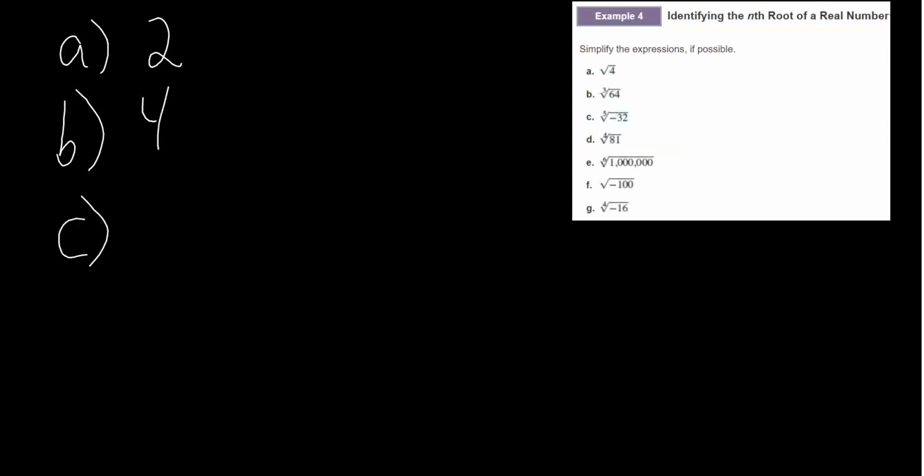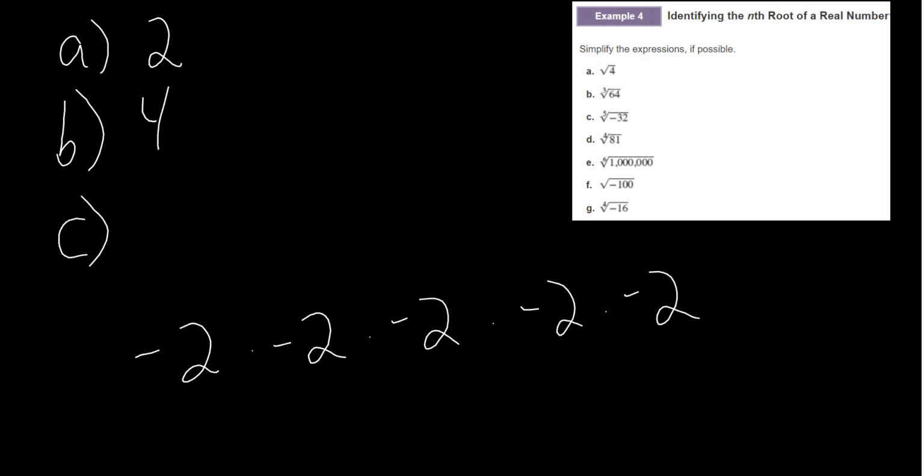C is not automatically not a real number because this is an odd index. It's 5, so it's basically asking what times what times what times what times what is equal to negative 32. There is a number that, when you multiply it by itself 5 times, will get you a negative number, and that number is negative 2, because negative 2 times negative 2 times negative 2 times negative 2 times negative 2 is equal to negative 32.